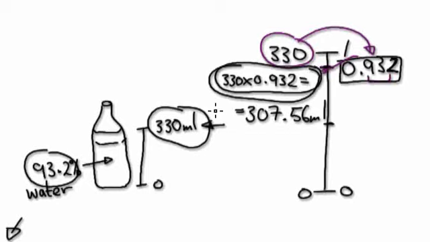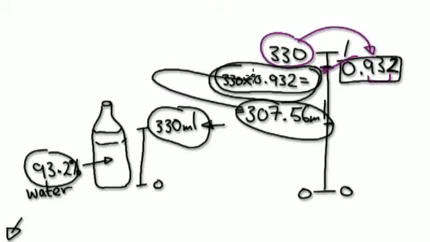So this will be milliliters. This number here is this level here. So in this drink, 307.56 milliliters would be water. The rest is sugar, salt, and so on.